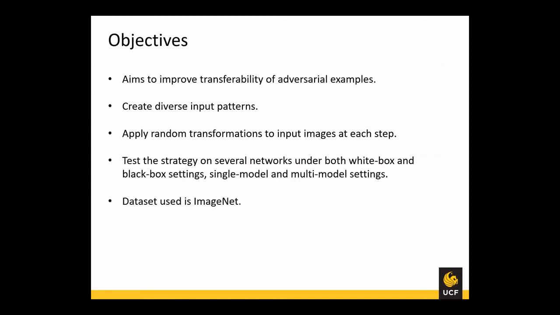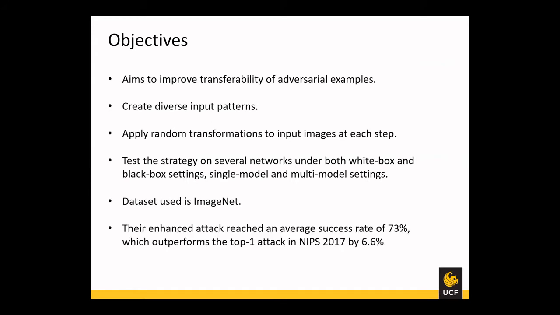The dataset they use to perform all experiments is ImageNet. Their attack method reached an average success rate of 72%, which outperforms the top one attack in the NIPS 2017 adversarial attack competition by 6.6%. And they have their code available on GitHub.